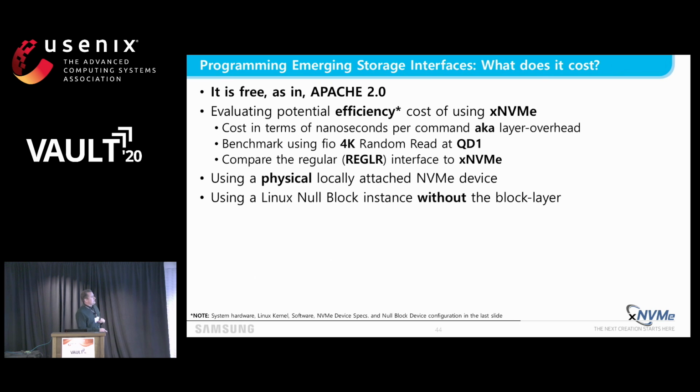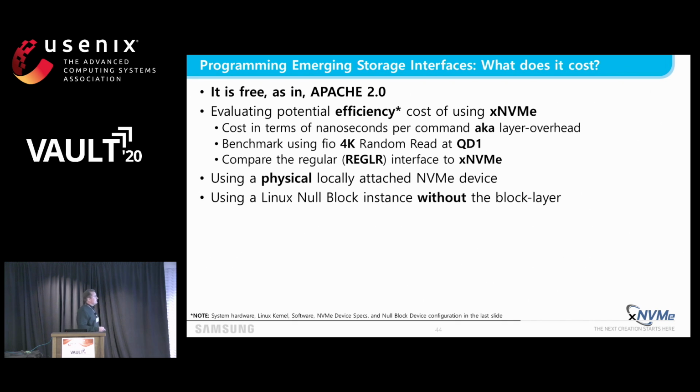And I compared that with the regular implementation of things, so an FIO engine using io_uring to an FIO engine using xNVMe with io_uring behind it. And the same with an FIO engine using SPDK, and then another engine using xNVMe with SPDK beneath.